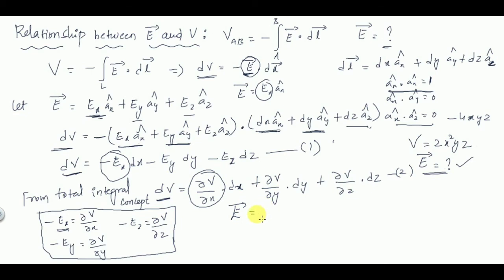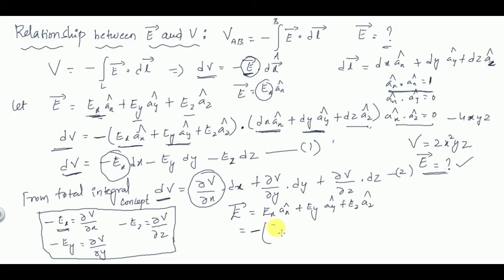So what will E bar be here? E bar is equal to Ex Ax cap plus Ey Ay cap plus Ez Az cap. What is Ex here? Ex is minus dou V by dou x.